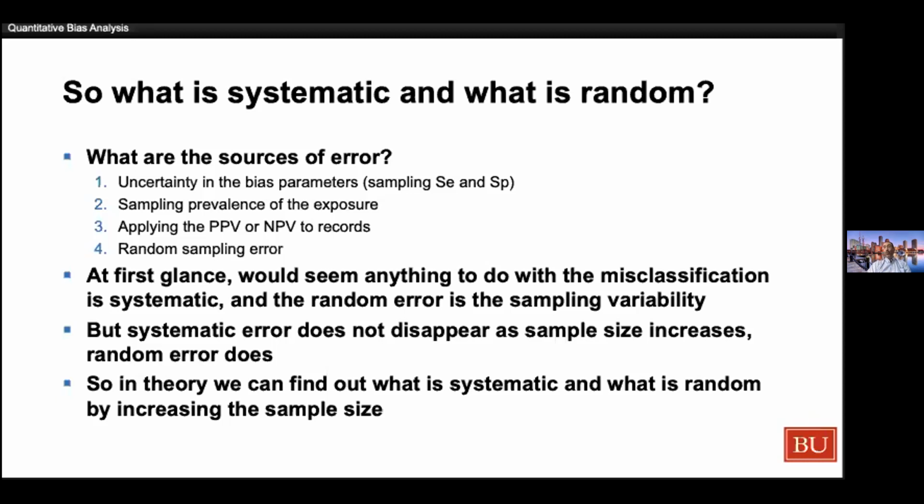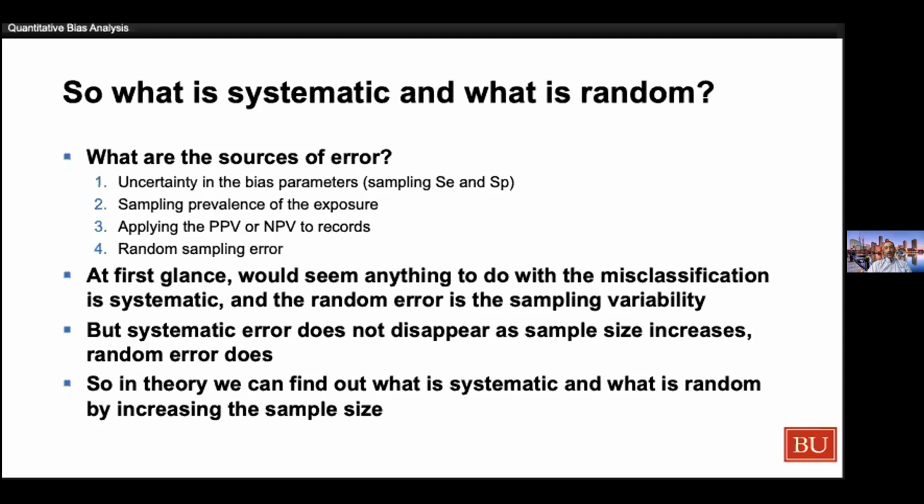I didn't know what the sensitivity and specificity are, so I had to express that uncertainty using my beta distributions. Then there's variability that comes about from sampling the prevalence of the exposure in order to turn the sensitivity and specificity into the positive and negative predictive values. Then there's random variability that comes about from applying the positive and negative predictive values to the records or the cell counts. And then there's random sampling error, the conventional random error.